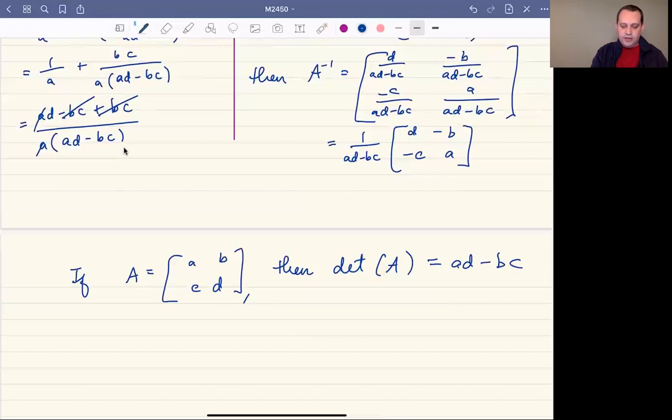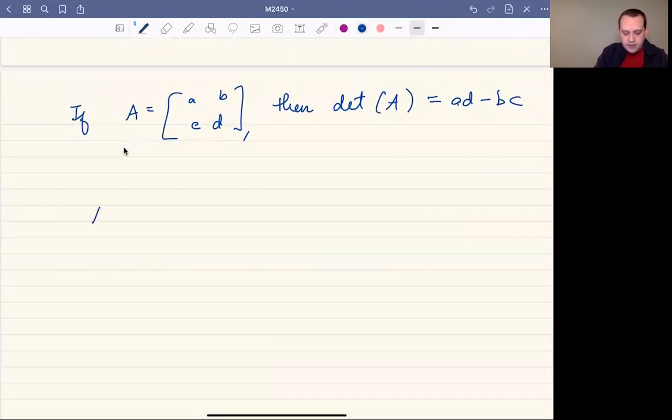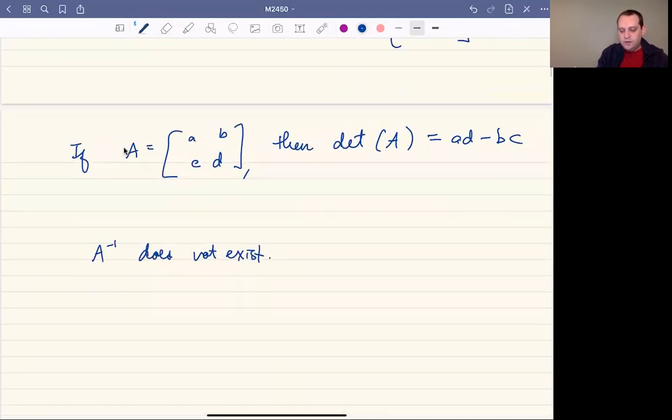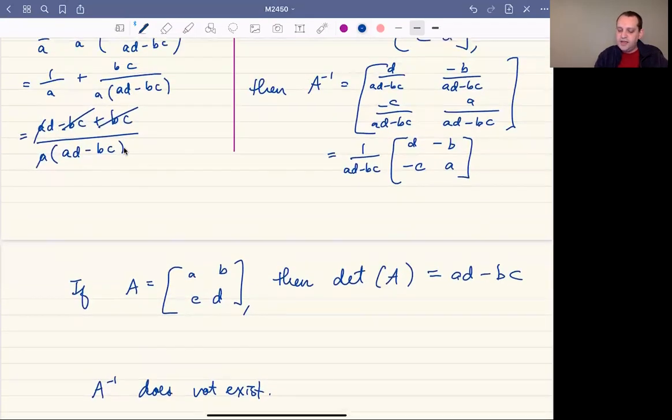One last thing I just want to address. This is what A inverse is. When does A inverse not exist? Well, we have a formula for it. So as long as everything here makes sense, as long as our matrix A allows this quantity to make sense, then we have an inverse.